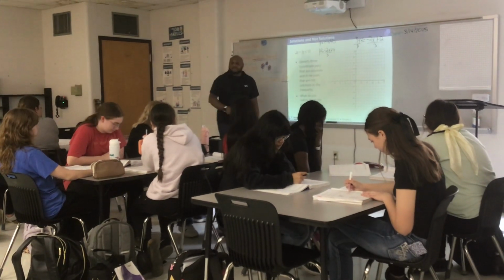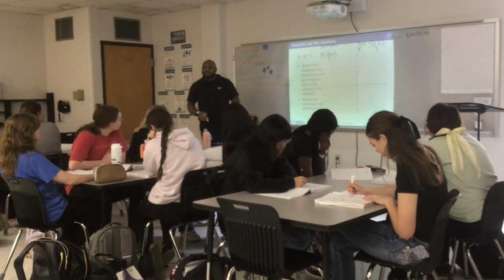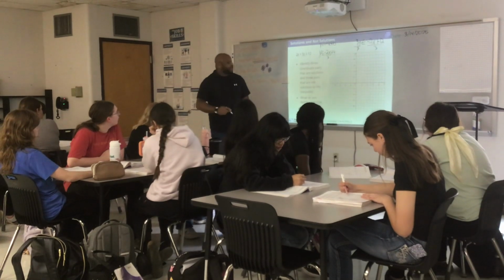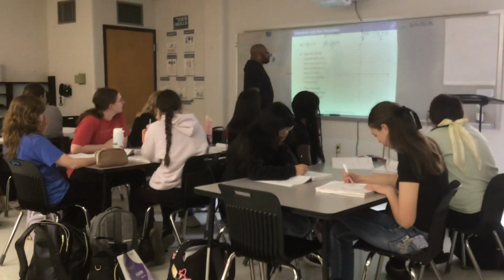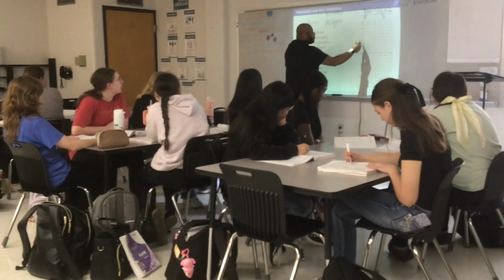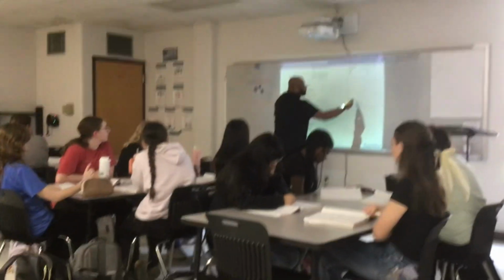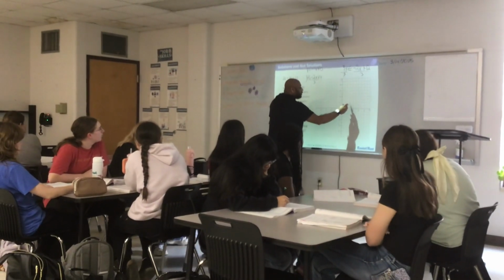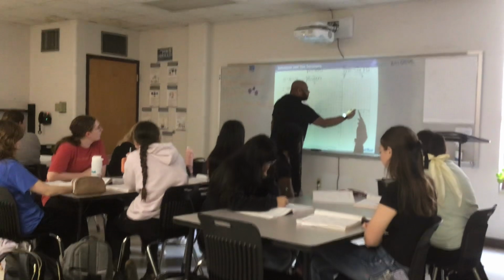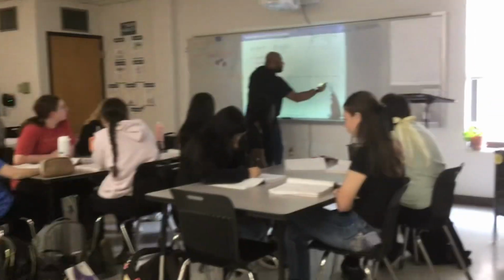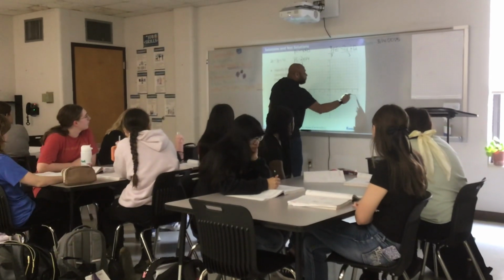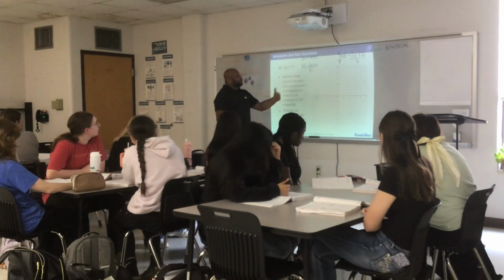Now, what do we use? Slope. Rise over run. Very good. So what do we want to do? We want to go down 2 over 3. 1, 2, 3. Down 2 over 3. Now, interesting to note, we were going down.